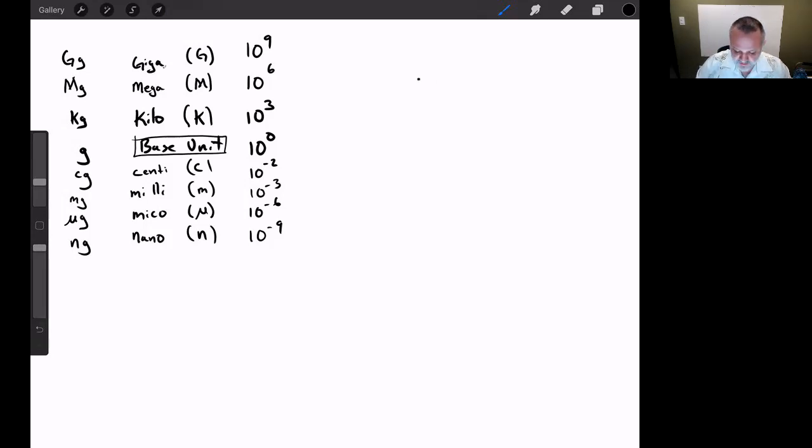And so an equality involves an equal sign. And what I'm trying to do is say that one thing equals another thing, and I want to be right so that when I use it in a calculation to do a conversion, I'm not introducing errors by being wrong. So how do I do this? I want to make a comparison, an equality between the base unit and some prefixed unit.